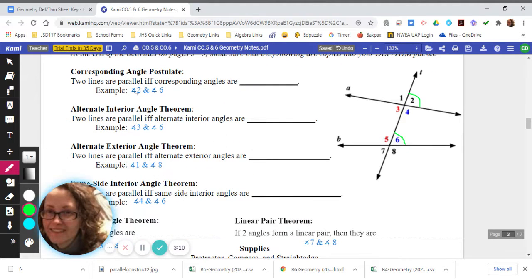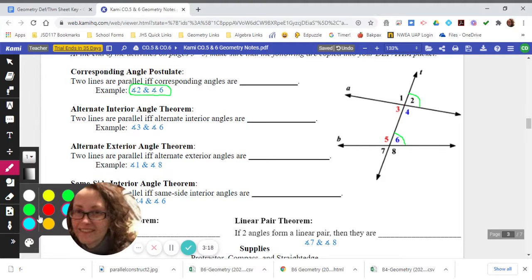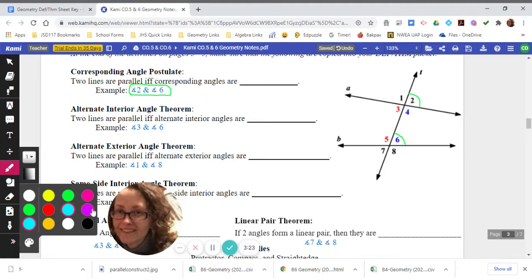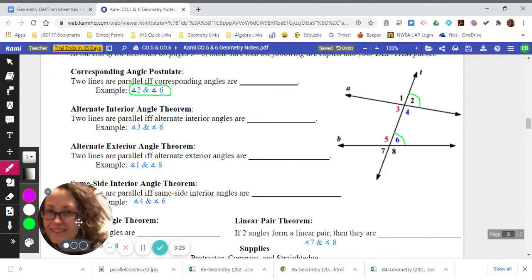Alternate interior angles, let me use some purple here, are going to be like angle 3 and angle 6.